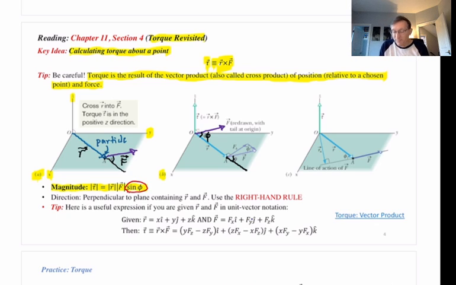So, to calculate the magnitude of the torque, we need to know the magnitude of R, the magnitude of F, and we need somehow to be able to figure out that angle phi, or be given that angle phi, and then we take the sine of phi.